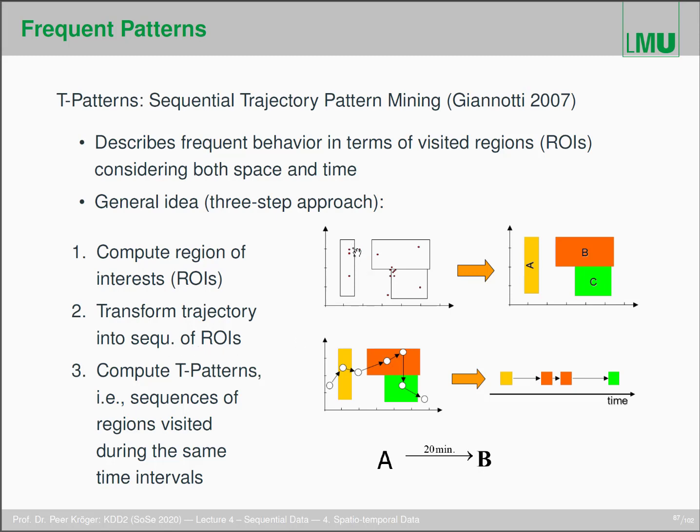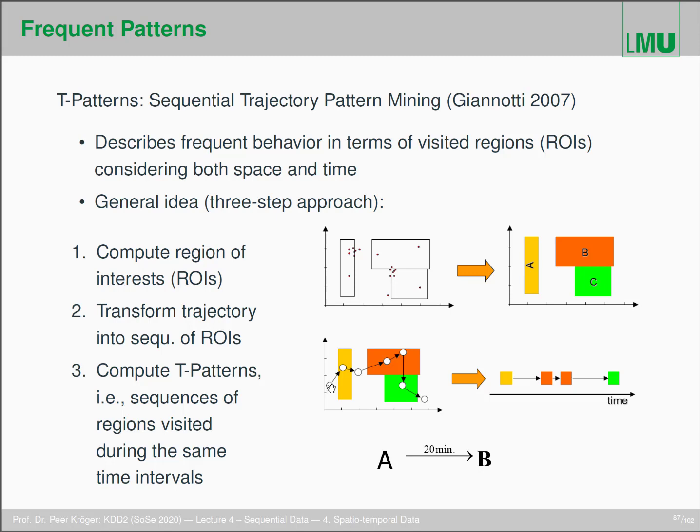So you come up with regions of interest here in the first step. That's just a visualization of this one here. So this may be one region of interest, this one, this another one, this another one. Then you can transform the actual trajectory, which is this one here, into a sequence of regions of interest.